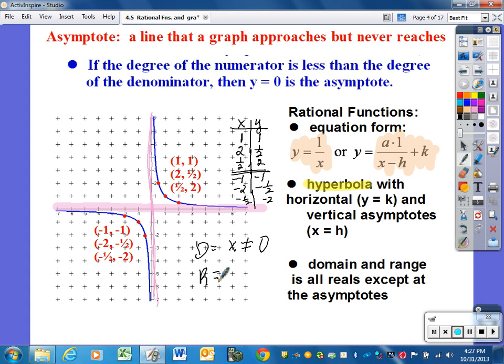My range, y cannot be 0. Notice how the asymptote matches the domain and the range. Only thing that changes is that it becomes an equal. This was x equals 0. This was y equals 0.